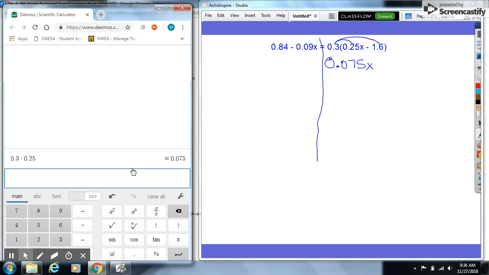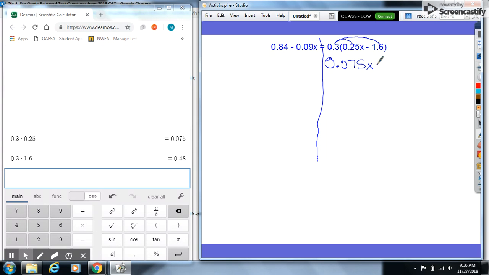Next, I'm going to do 0.3 again times 1.6, because I have to take this and multiply it by that second term. That gives me a 0.48. Now notice there was a subtraction here. So minus 0.48. I didn't do anything over here, so I'm going to rewrite those numbers. 0.84 minus 0.09x.